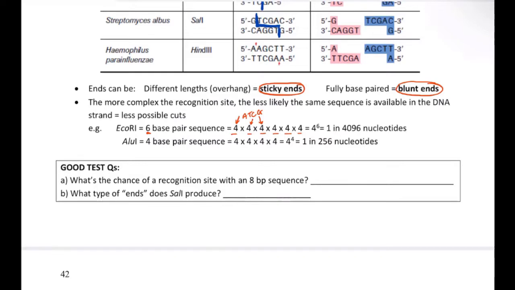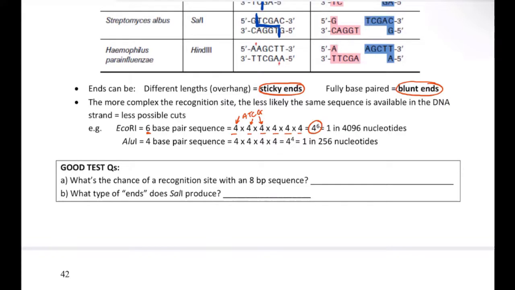And because I got 6 positions with 4 options, I know that that's 4 to the power of 6 is how we do the probability. 4 options in 6 locations. And so when I multiply that out, I have 1 in 4,096 options. There's 4,096 different versions of a 6-letter sequence that only has 4 letters to it.